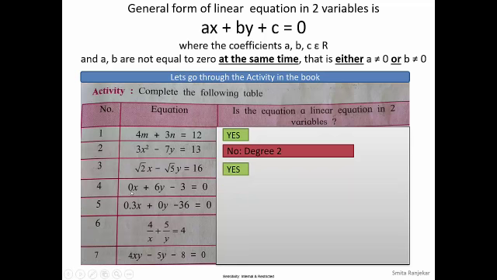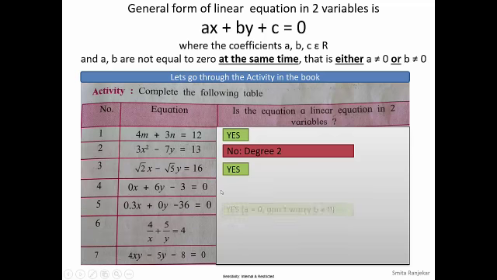See the next equation. 0x plus 6y minus 3 is equal to 0. Now you should remember the very important condition, that is a and b are not equal to 0 at the same time. So here a is 0 but b is not equal to 0, as well as satisfying the condition, that is degree of x and y is equal to 1.